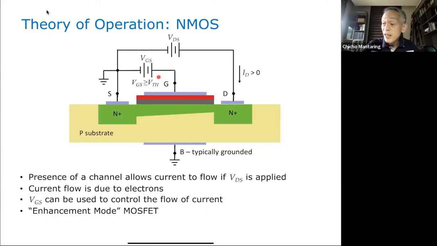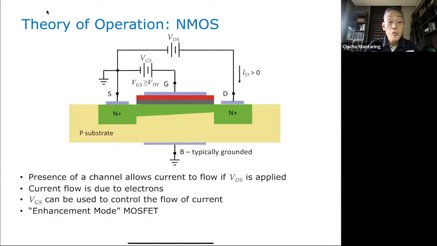Now with VGS here, if I apply my voltage here, because I have a contiguous N region here, I can now expect current to flow. So current is now going to flow this way. We call this I sub D, our drain current, and this is going to be greater than 0. So the presence of a channel allows current to flow if VDS is applied.